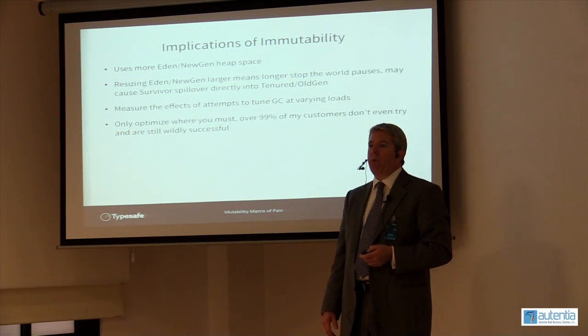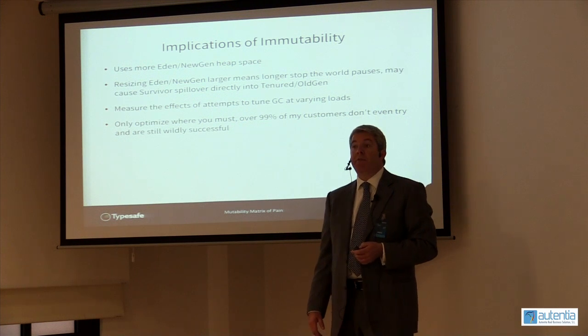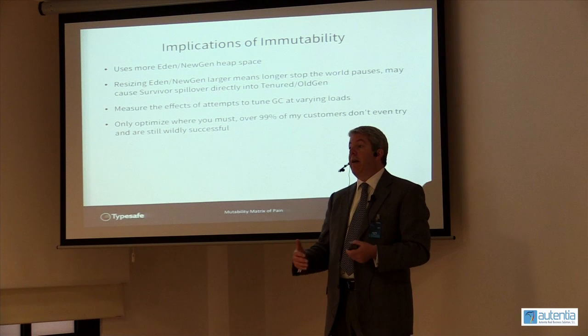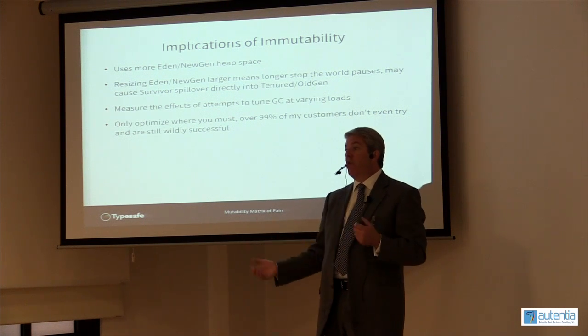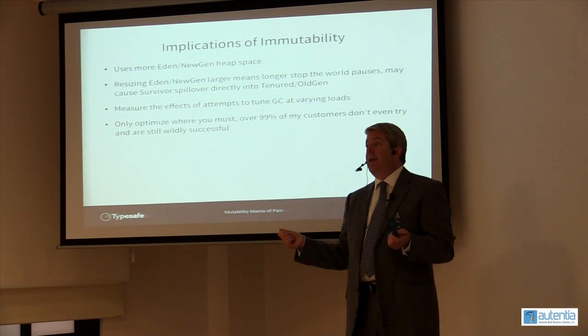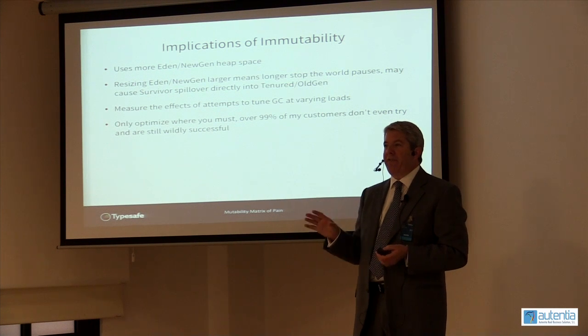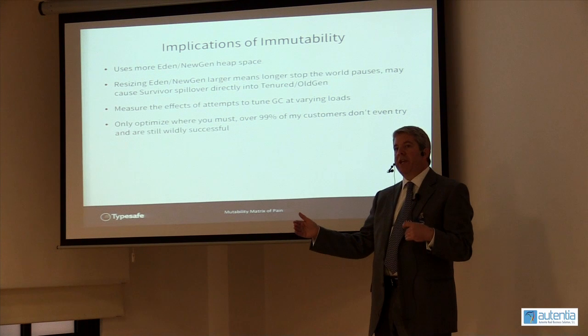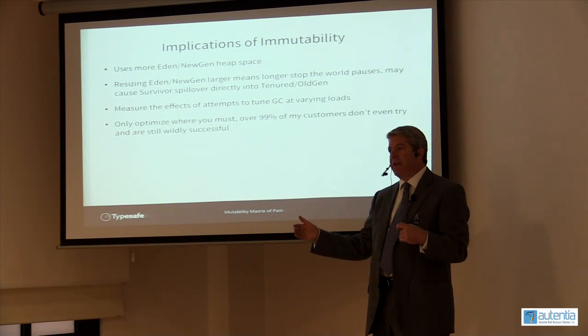And one of the things people often say to me is, well, should I resize my new gen and make it larger to take care of the fact that I'm going to create all of these short-lived immutable things? And the answer is really not yes, definitely. Because resizing new gen has implications on performance in the JVM.